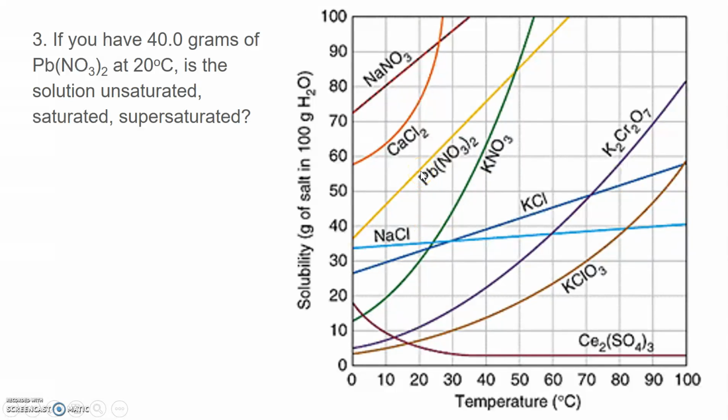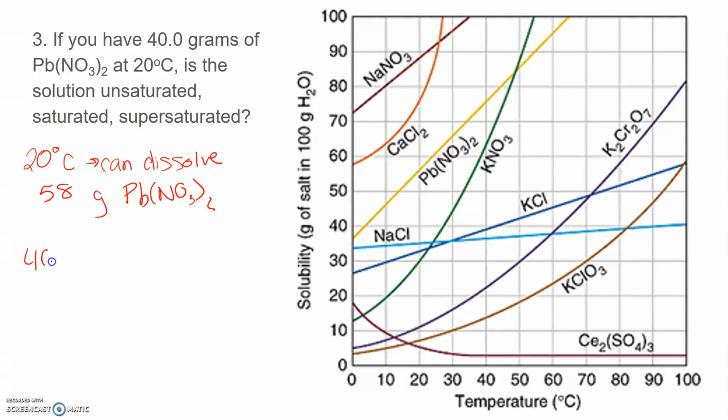And we find that at 20 degrees Celsius, we can dissolve about 58 grams of lead nitrate. All right, so if we have 40 grams of lead nitrate, is that more or less than that 58? It's going to be less.